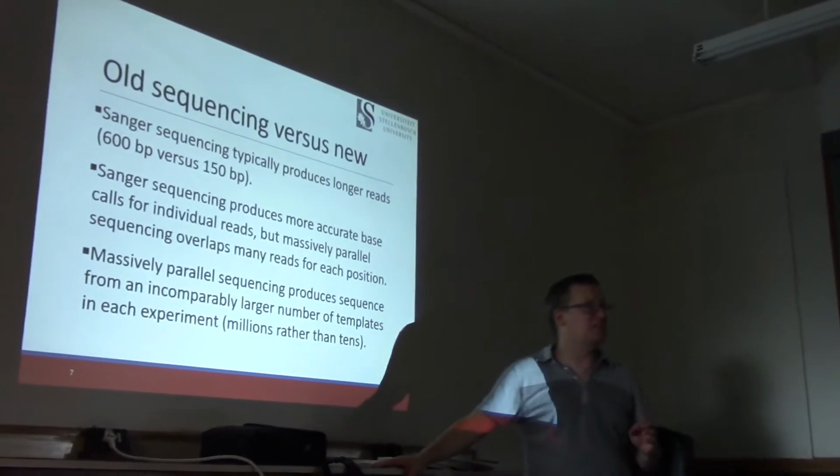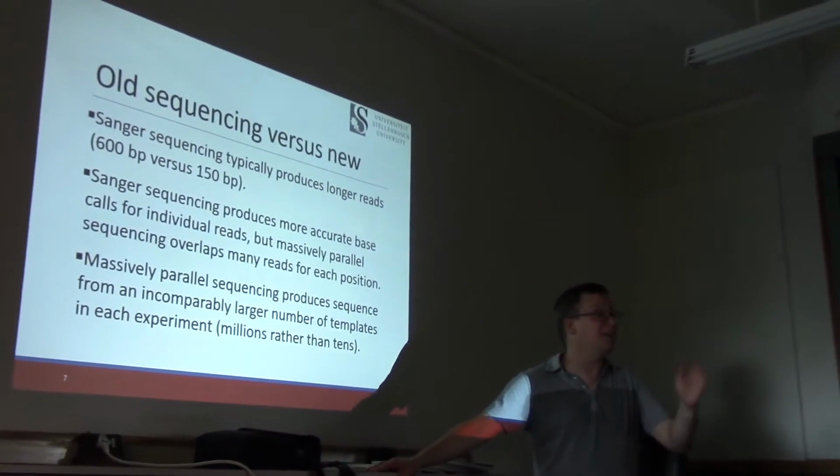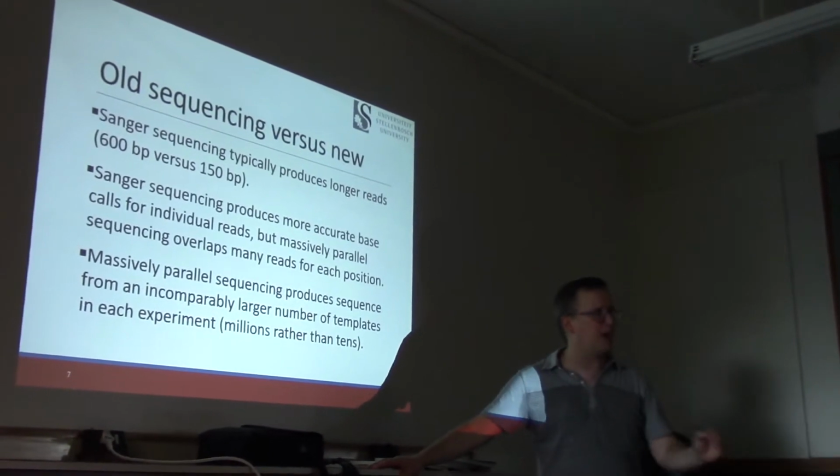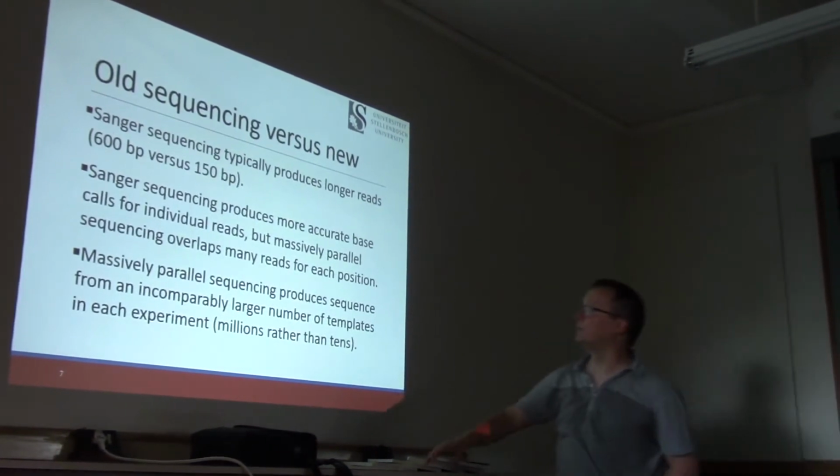So a lot of people will say, gosh, if we have massively parallel sequencers, if we have next-gen sequencers, why would we bother with the old school Sanger strategy? So let's talk about the old versus the new.